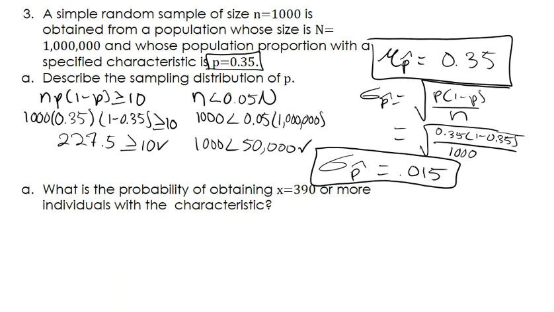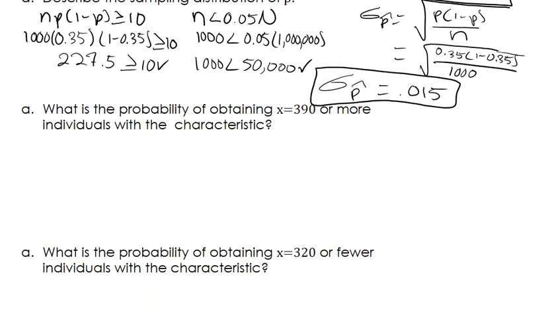Now the next part of the question says, what is the probability of obtaining x equals 390 or more individuals with the characteristic? So the first thing we're going to do is find the p-hat. We will do this by using the x value that they gave us here and our sample size.